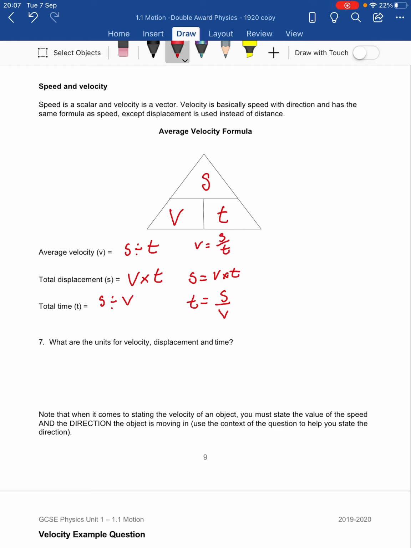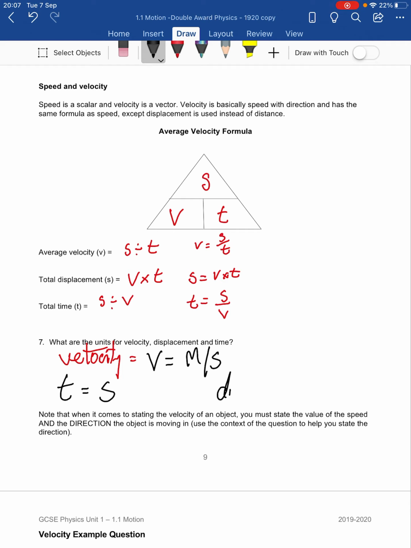What are the units for velocity, displacement and time? Well, this is good because they're just the same. Velocity equals s, so that's meters per second. No, it's not. Start again. Velocity equals v, which is meters per second. Time is still seconds.